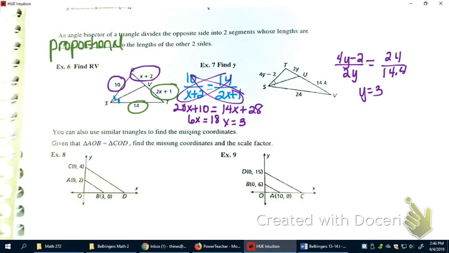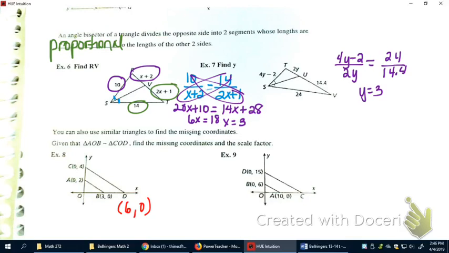From A to C, I multiplied by 2. Yeah. Okay? So same thing has to happen from B to D. So I multiply by 2, and so what do I get for my answer? 6, 0. Yep.